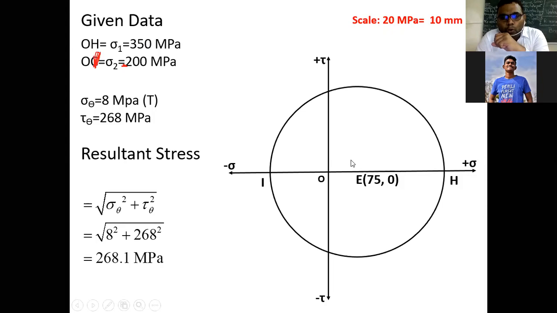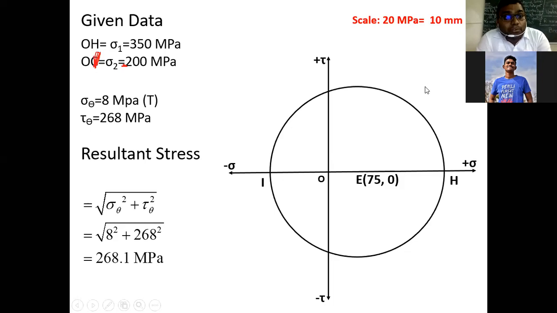So OH is 7 and OI is 4. We have taken the scale as 50 megapascal equal to 10 mm, or 1 centimeter.